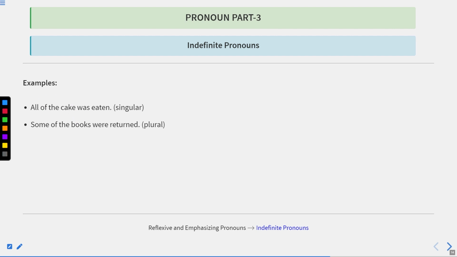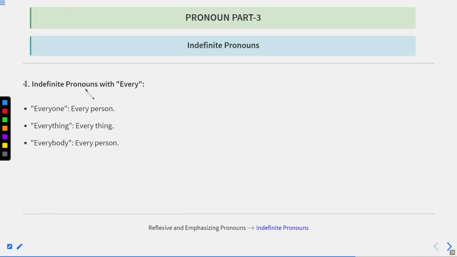So all of the cake is used in singular form. Why, sir? Because here we are talking about an uncountable noun. But if I say some of the books were returned, here some is used for countable nouns. Some water is dirty. Water is uncountable. But if I say some people are there, people are countable, so some people means a few of them.